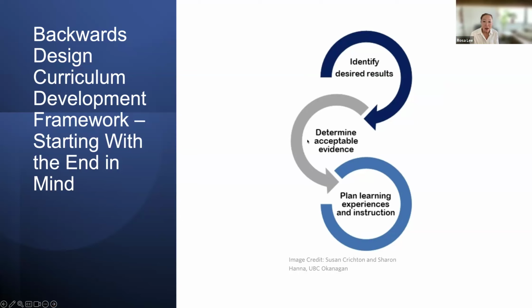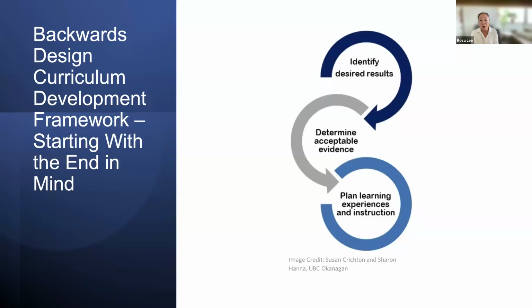Then the second step, which is different from the way that Kern and Huang's model lay out the steps, is to think about what the acceptable evidence is going to be. By this, I mean, how are you going to know that you achieved your desired result?